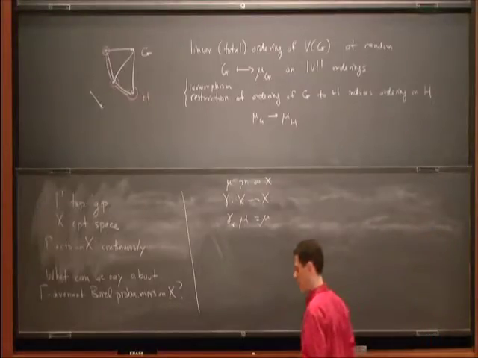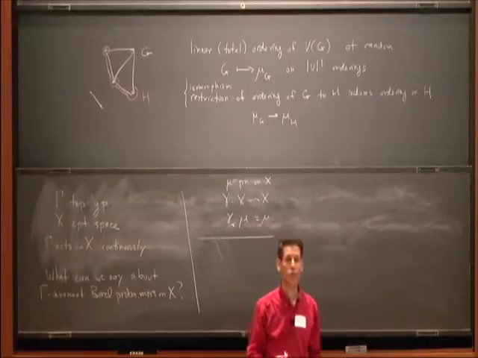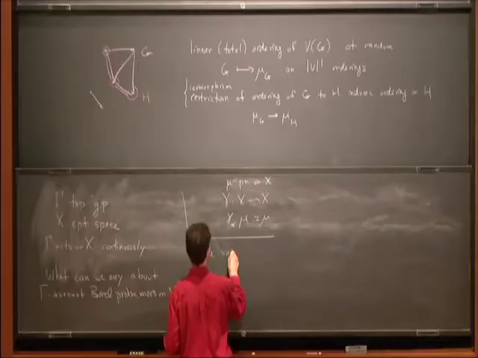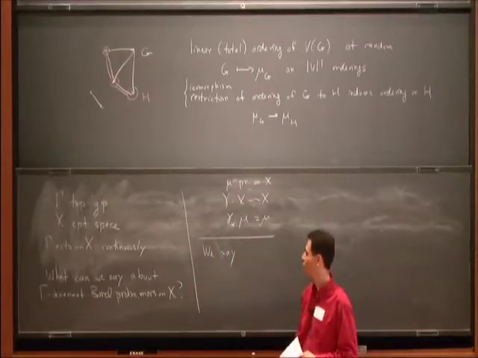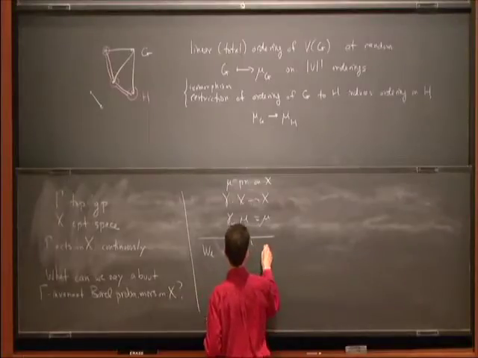So that's a general question. For example, does it exist? Is it unique? Well, there's a nice condition on gamma which will always provide existence, and that's called amenability.